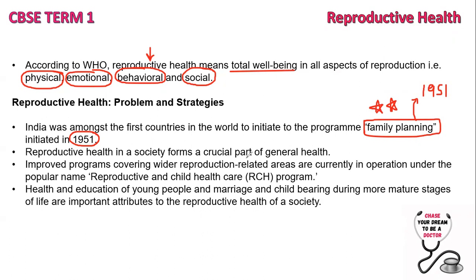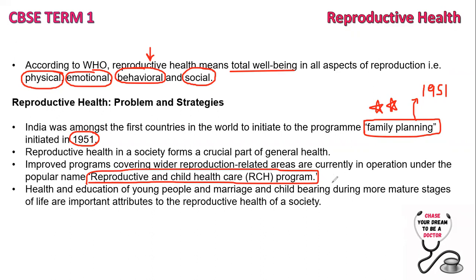Reproductive health in a society forms a crucial part of general health. Improved programs covering a wider range of areas are currently in operation under the popular name RCH, Reproductive and Child Health Care Program. This is a program that includes a wide range of areas related to reproduction. So this came after the family planning program.